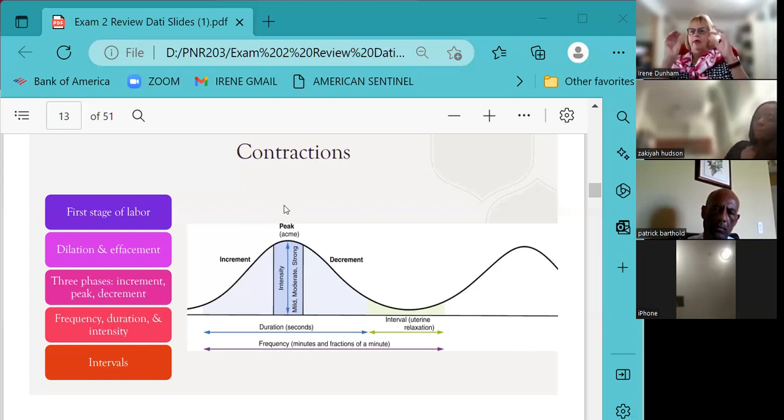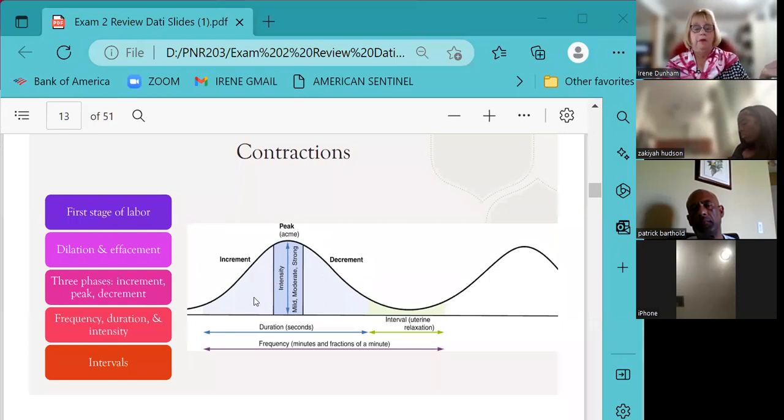Lates are caused by the relationship between the uterus and the placenta. When a baby gets to be 40 weeks, 41 weeks, 42 weeks, remember the placenta starts to age, and so it's not perfusing like it needs to. So there's a diminished oxygen flow between the uterus and the placenta, and the baby has a problem because he says, I need my oxygen.